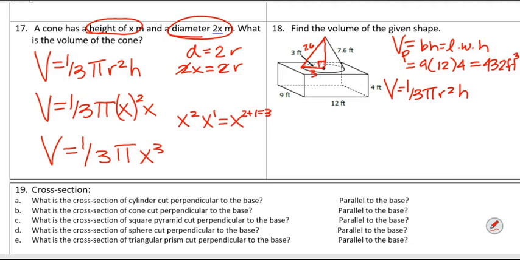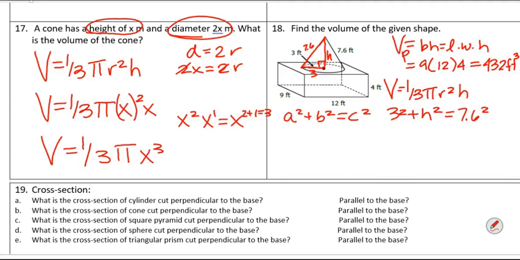So we're going to use Pythagorean theorem. A squared plus b squared equals c squared. So I'm going to go ahead and plug these values in. So when I do that, I get 3 squared plus height squared, because this is our height, right, equals 7.6 squared.